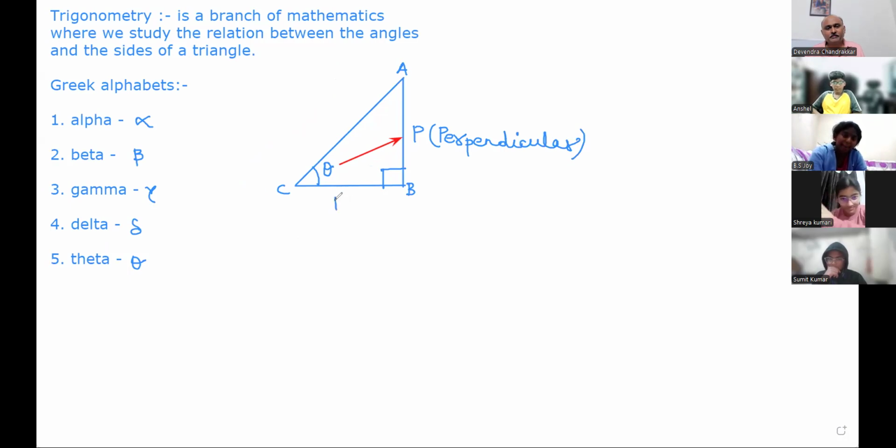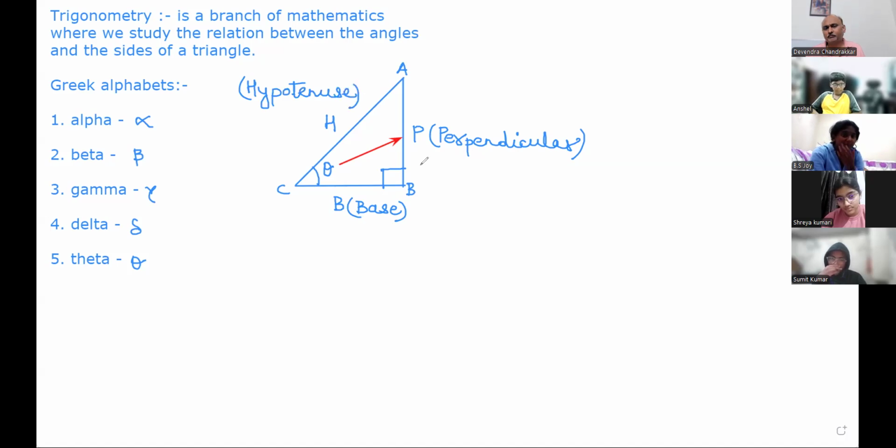The side which is adjacent to it and perpendicular to the perpendicular is called the base. This is the base. Always remember the perpendicular, the other side is base, and obviously this one is hypotenuse H. You all are aware about it.